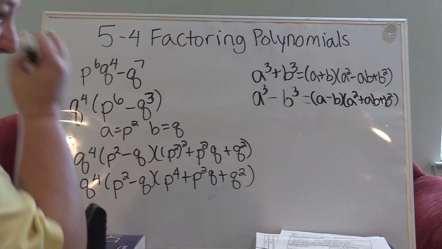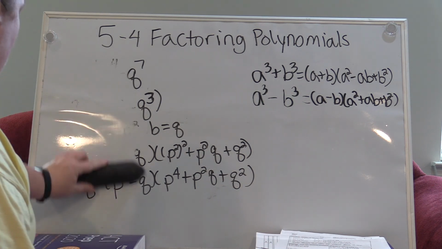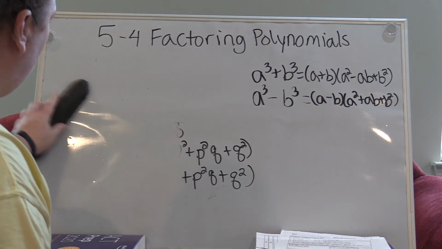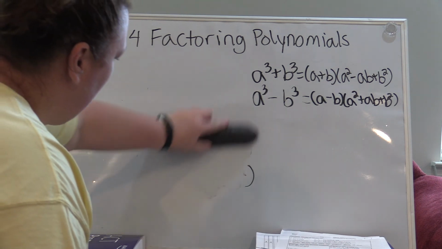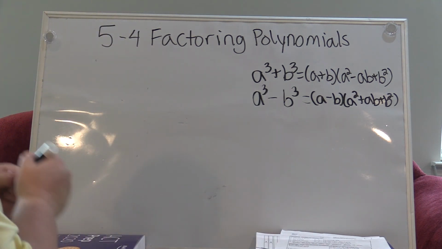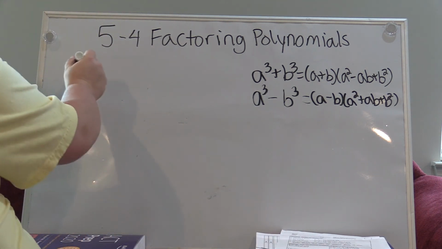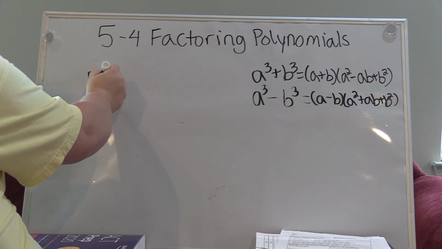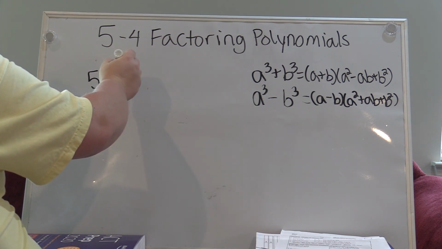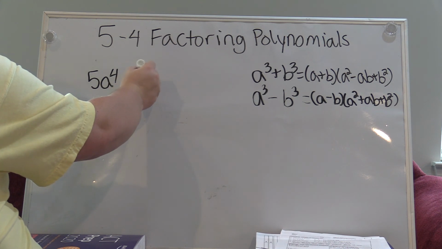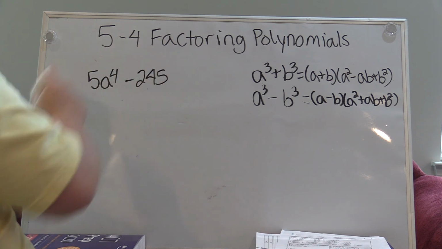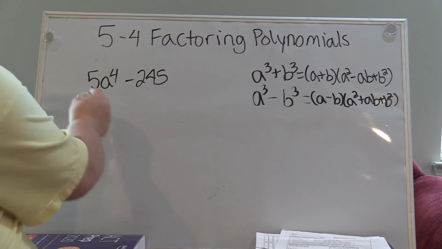Nope. Remember, when we factor, we always look for the greatest common factor first. The GCF here is 5.